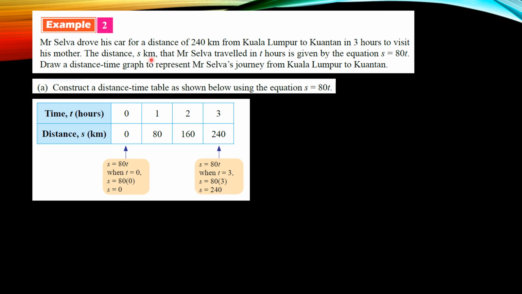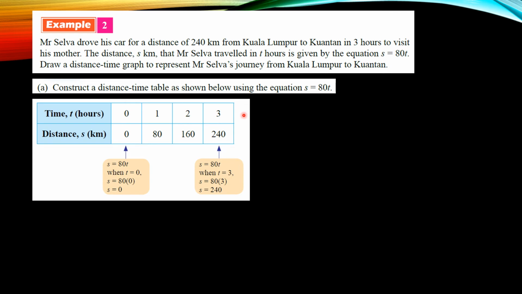How do you find the points? We look at the given information. Mr. Selva drove his car for a distance of 240 km from Kuala Lumpur to Kuantan in 3 hours. That means your time t maximum should be 3, that means 80 times 3, that is 240. So you only have to find until t equals 3.